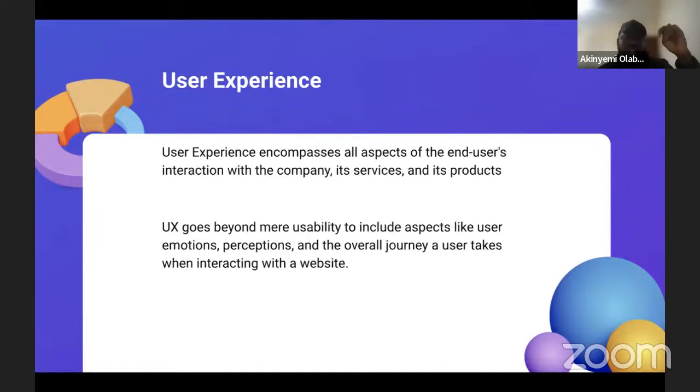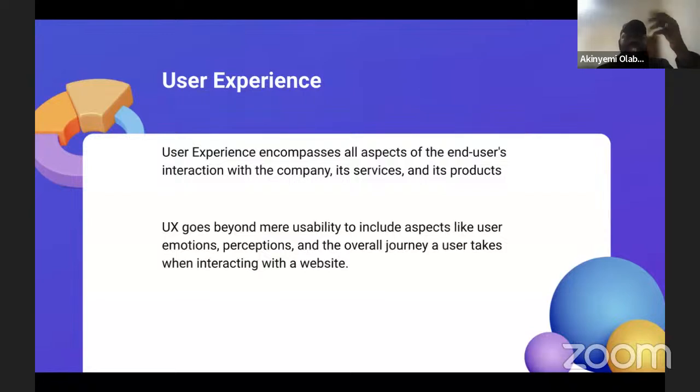Now let's move to user experience. User experience encompasses all aspects of users' interaction with the company, its service, and its product. It's not even about the product that you use alone, but every aspect of the business. UX goes beyond usability; it goes beyond whether you can use the product effectively.